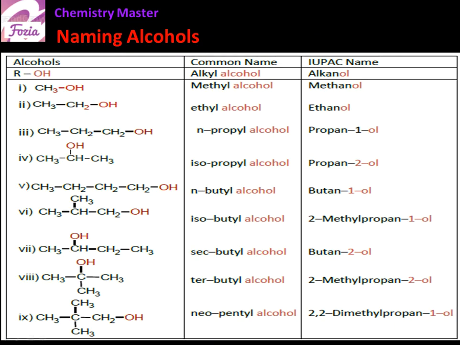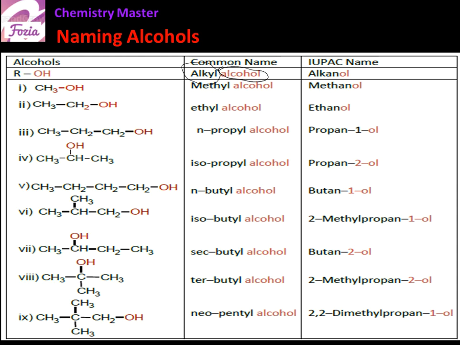Now we come to discuss naming. You know, like other organic compound families, alcohols can be named both ways, common names and IUPAC names. Common names means the names which are non-systematic. Now, how will common names be written? You have to write the name of the alkyl group, then the word alcohol.